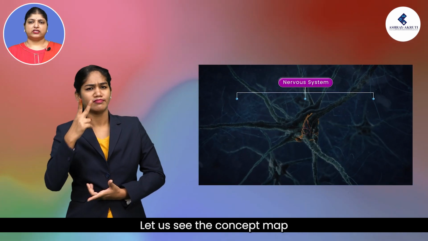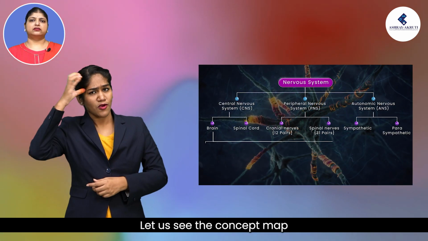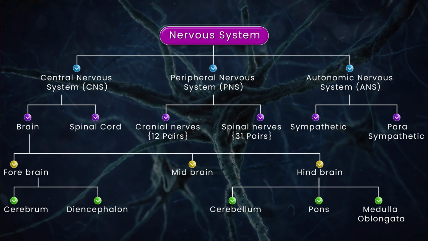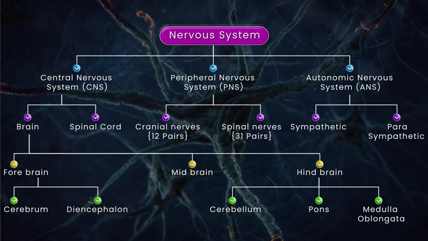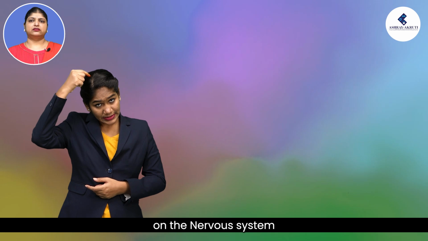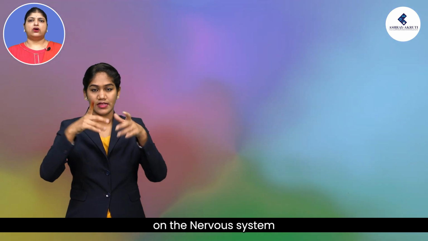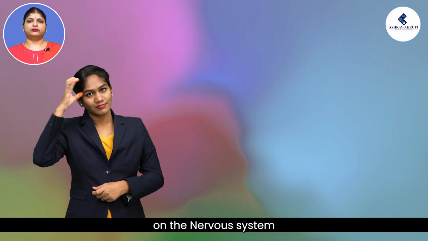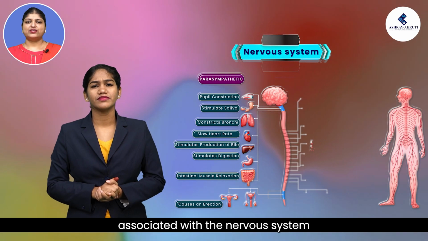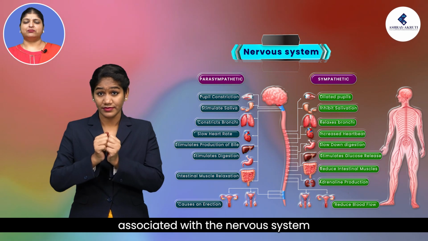Let us see the concept map on the nervous system. Functional components associated with the nervous system.